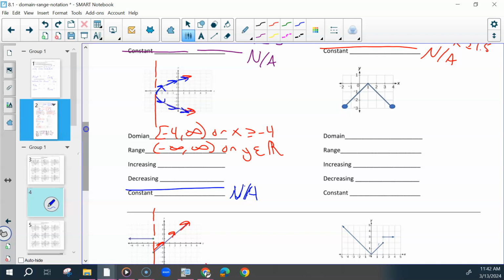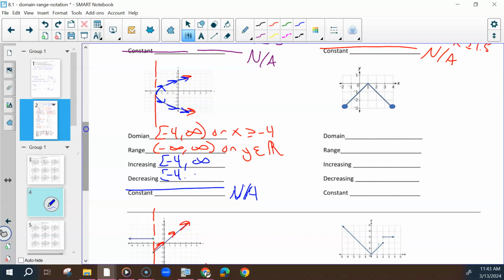But they're increasing and decreasing at the same place, like the x values are at the same place. So where does it start, increasing or decreasing? -4. And then where does it stop increasing or decreasing?